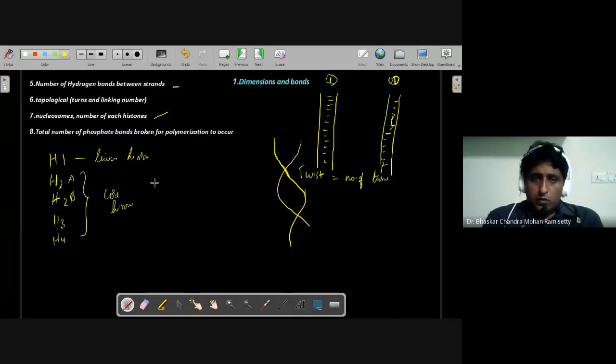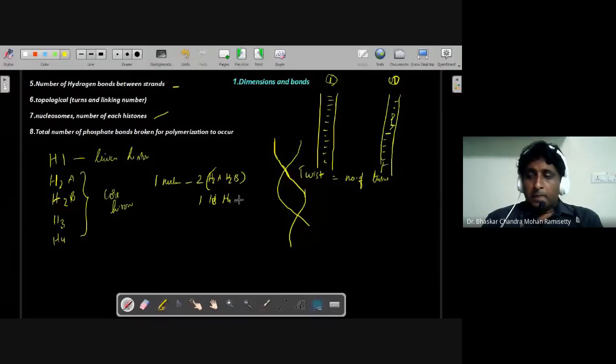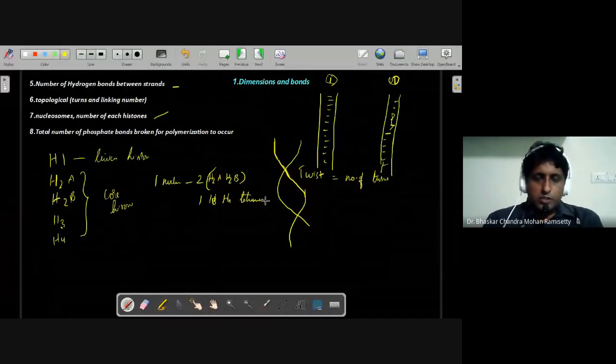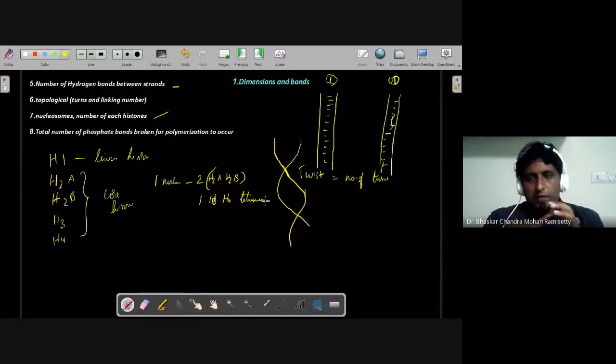In one nucleosome you will have a total of 2 H2A-H2B dimers, and then 1 H3-H4 tetramer. Okay, and about histones, they are rich in lysine and arginine, and they are on the surface of the nucleosome.